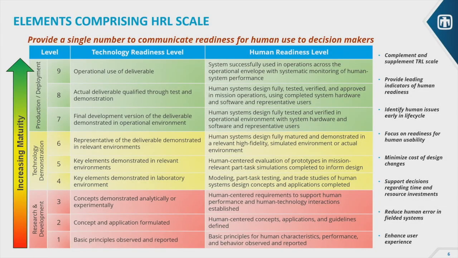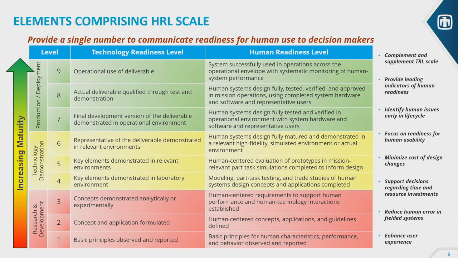So this is the HRL scale, which looks very much like the technology readiness level scale that many of you may be familiar with. It has 9 different levels, and activities are divided into 3 main sections, starting with basic research and development that occurs on paper and in the lab, moving on to technology demonstration, where various prototypes are demonstrated and user feedback and data are collected.